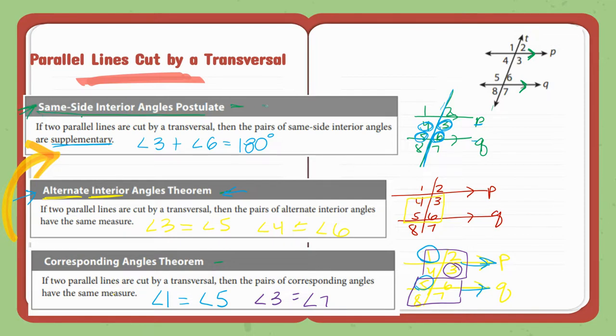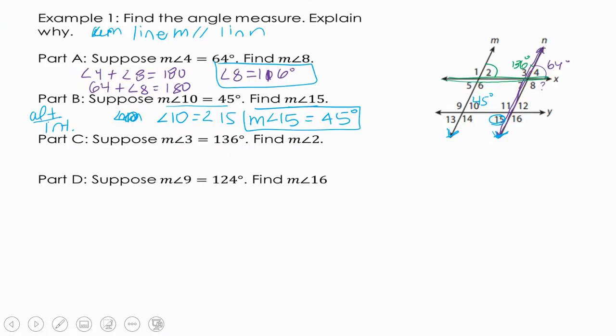Looks like we have the first one up here. And this rule says that they are supplementary, meaning that they add up to 180 degrees. So angle 2 plus angle 3 is going to equal 180 degrees.